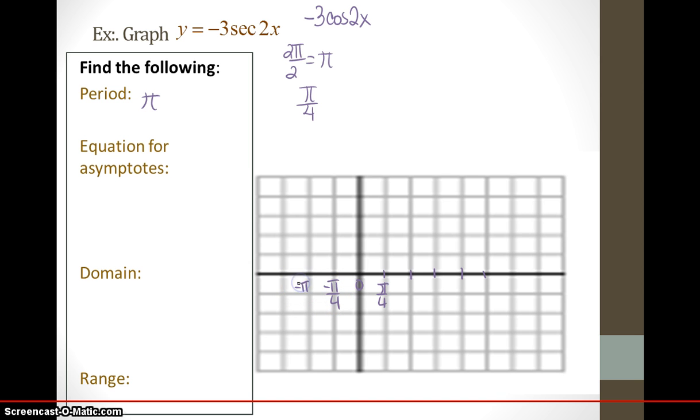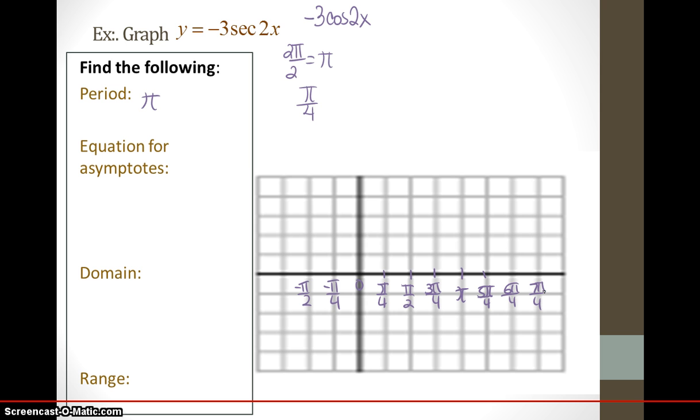We'll do negative pi over 2. We'll do a few that way. Pi over 2, 3 pi over 4, and then pi, and then 5 pi over 4, and then we could say 6 pi over 4. We could reduce that, and then 7 pi over 4.